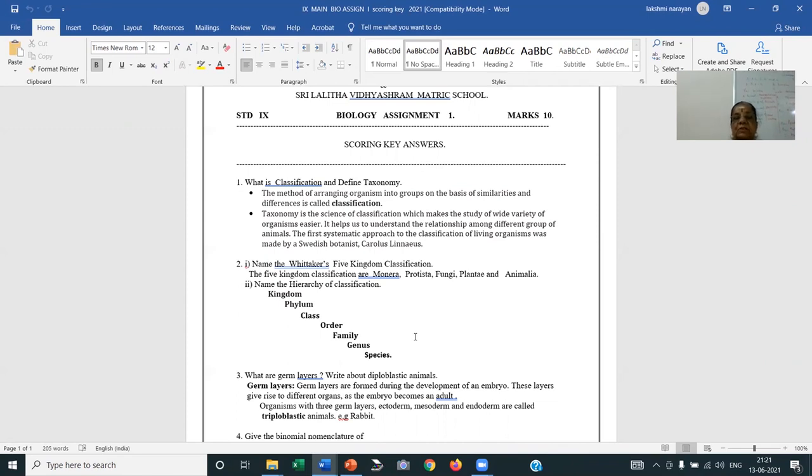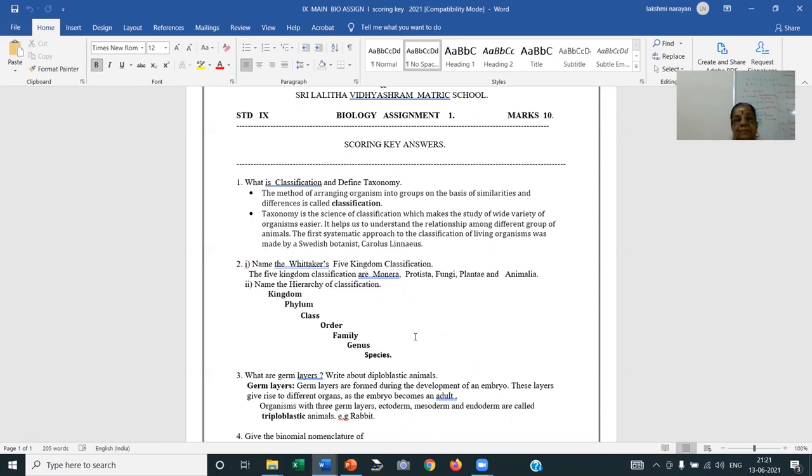It helps us to understand the relationship among different groups of animals. The first systematic approach to the classification of living organisms was made by the Swedish botanist Carolus Linnaeus.